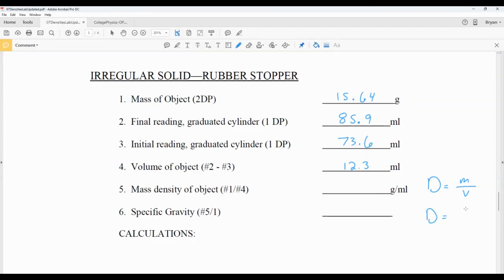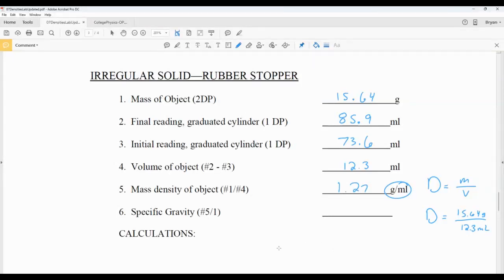So if we look at our values from this, our mass is 15.64 grams. Our volume, remember, is the difference in those readings, and that's 12.3 milliliters. So dividing these units is going to give us the grams per milliliter, so that's good. And then calculating that value, we get 1.27.